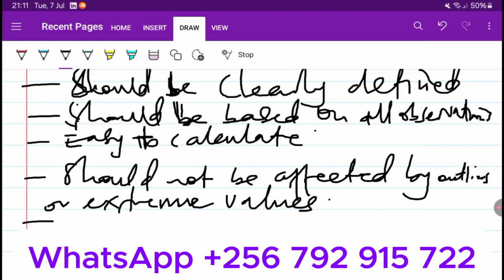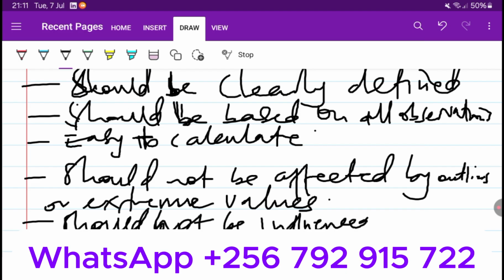The other is that it should not be influenced by sampling fluctuations.